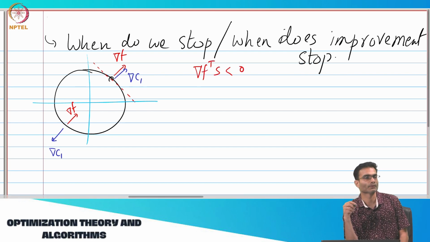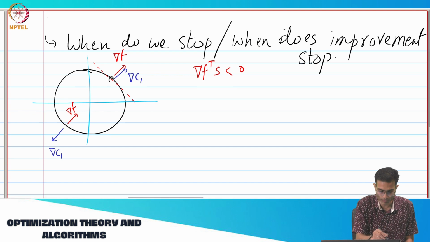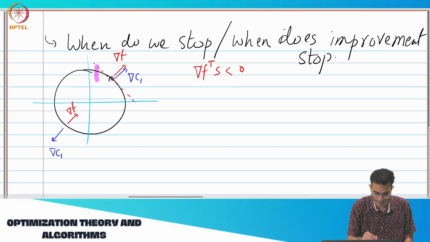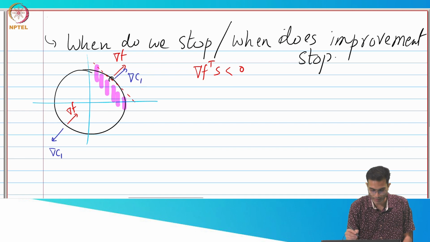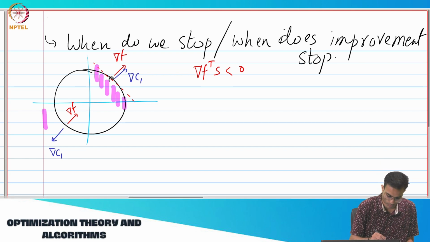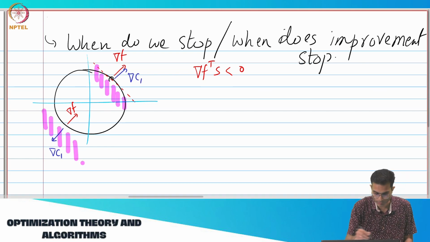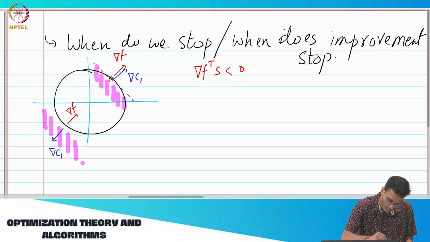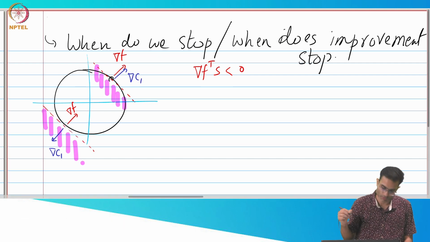Which part am I in? Bottom, right? So if I were to use the highlighter here, this is where I need to be. And for the lower point, grad F transpose S, again it will be the bottom. So this is where I need to be.